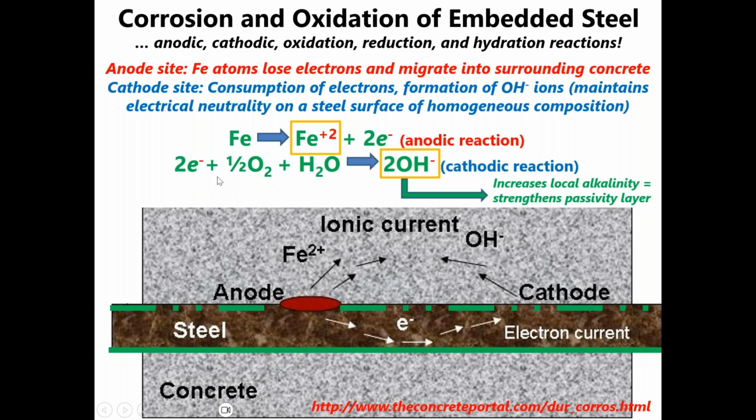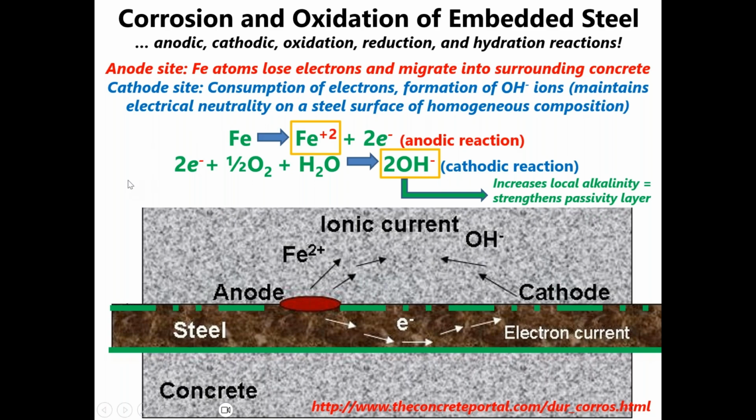Those electrons then bind with oxygen and water to produce hydroxyl molecules, which are good because if this is happening on a very small scale, then the formation of the OH groups will kind of heal the passivity layer. So this is okay on a very small scale where you might have an anodic reaction occurring, but the cathodic reaction kind of makes up for it.